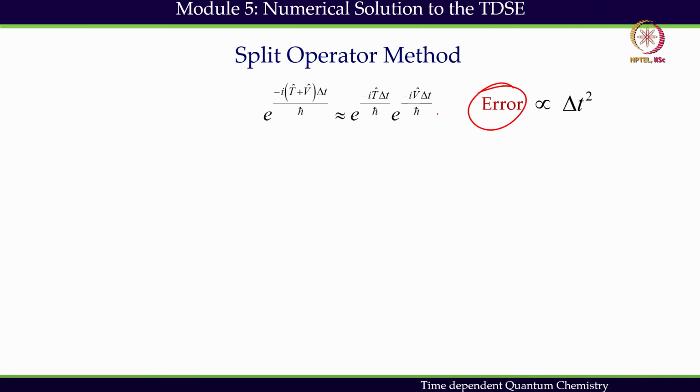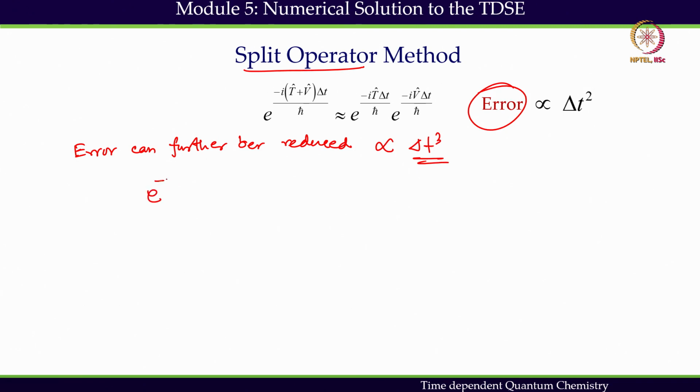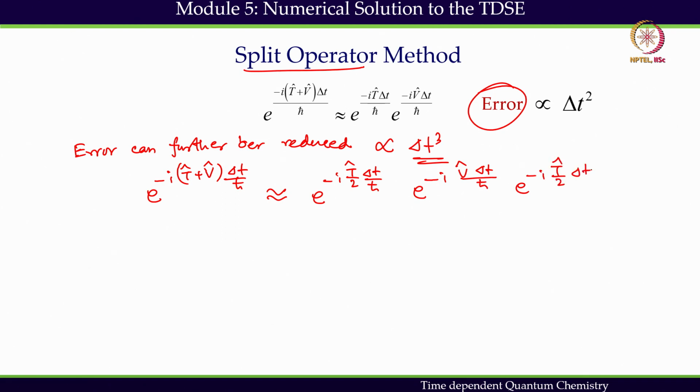This error which we have mentioned in the split operator approach can further be reduced, and it will then be proportional to delta t cube if we take this symmetrized product of the split operator method, which means e to the power minus i (t plus v) delta t by h cut, if we take this form, which is e to the power minus i t by 2 delta t by h cut, then e to the power minus i v delta t by h cut, then e to the power minus i t by 2 delta t by h cut.